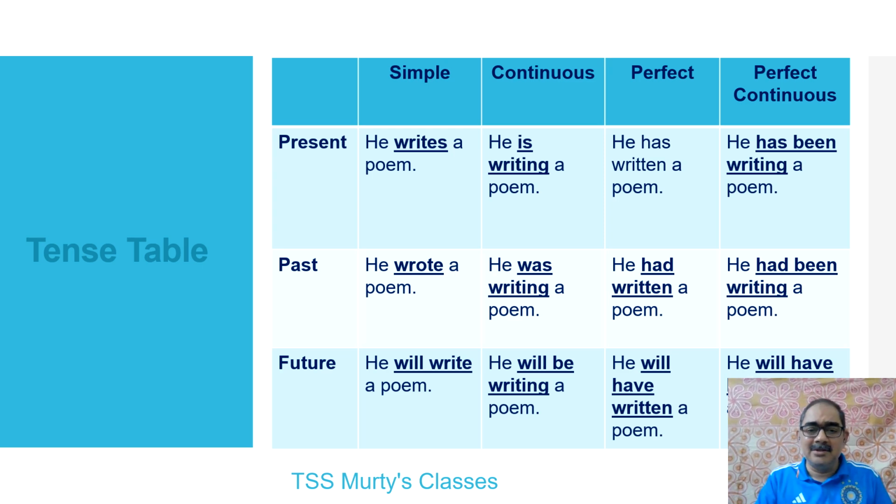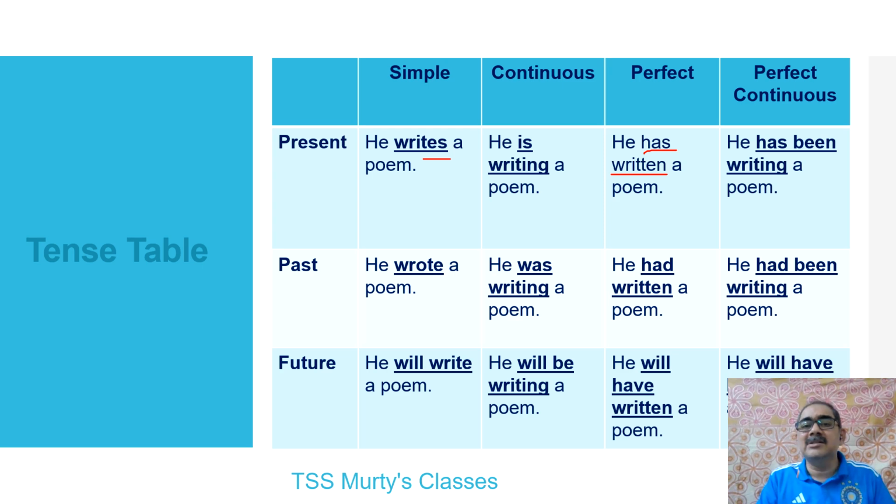I want you to look at this verb specifically. In simple present, for example, you can see writes is the verb. In present continuous is writing. Present perfect, has written. In perfect continuous, has been writing.